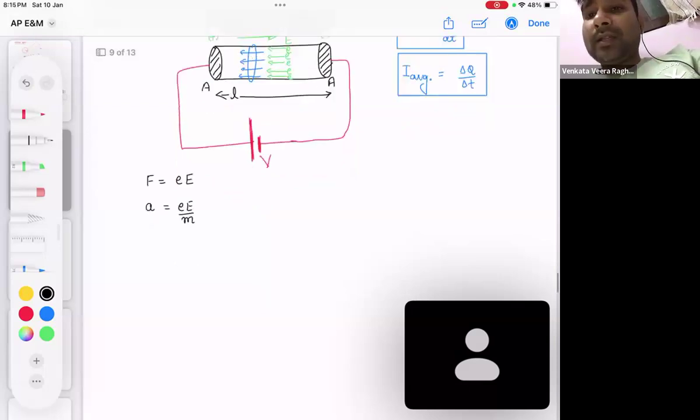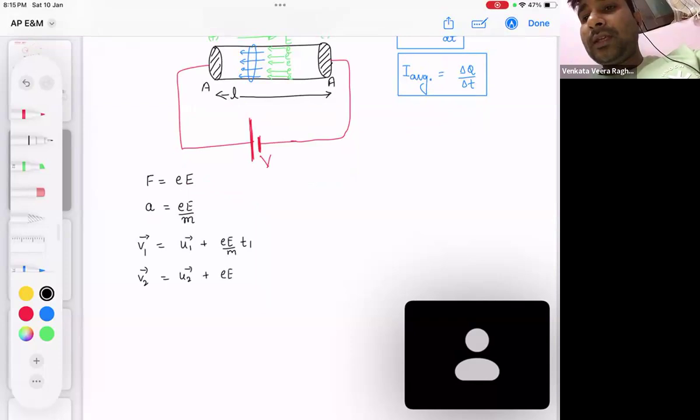Let's say I'm thinking about the velocity of the first electron. How much will it be? It will be u1 plus (eE/m) t1. V2 will again be u2 plus (eE/m) t2. Like that, there are many electrons in this conductor.